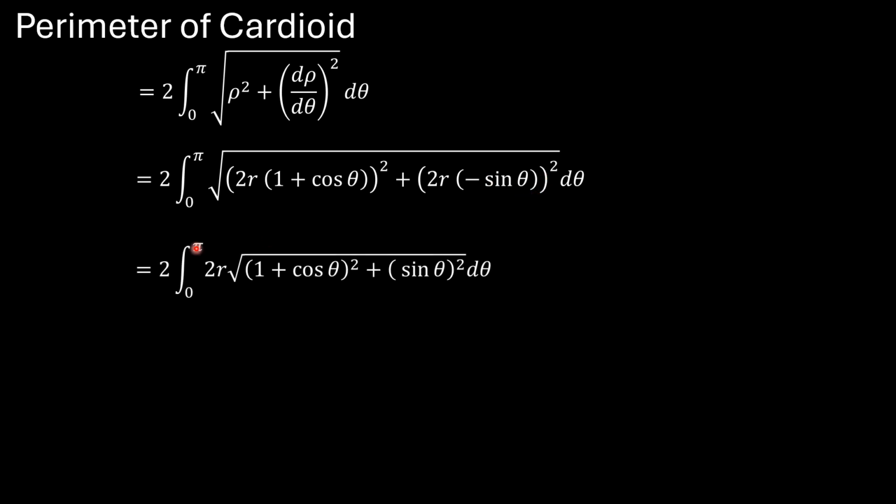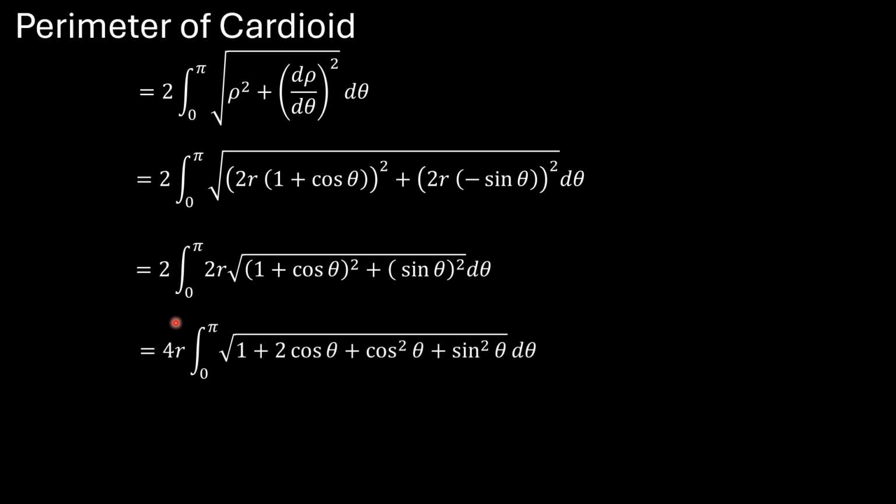So we can pull out the 2r, and that becomes 4r, and inside the square root sign we have 1 plus 2 cosine theta plus cosine squared theta plus sine squared theta. Cosine squared theta plus sine squared theta is 1, so this can be added to the 1 to give 2. So we have the square root of 2 plus 2 cosine theta, integrated from theta equals 0 to pi, times 4r.